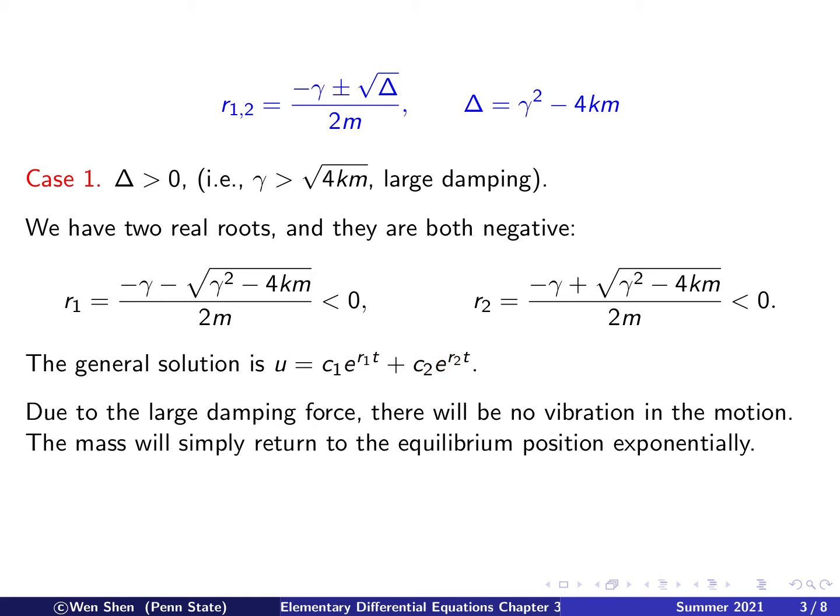So this is caused by the large damping force. Then there will be no actual vibrations in the motion because everything's damped and it's so sticky, and the mass will just simply return to the equilibrium, that's u equal to 0, at an exponential rate. So this kind of a motion where you have lots of damping is called overdamped.